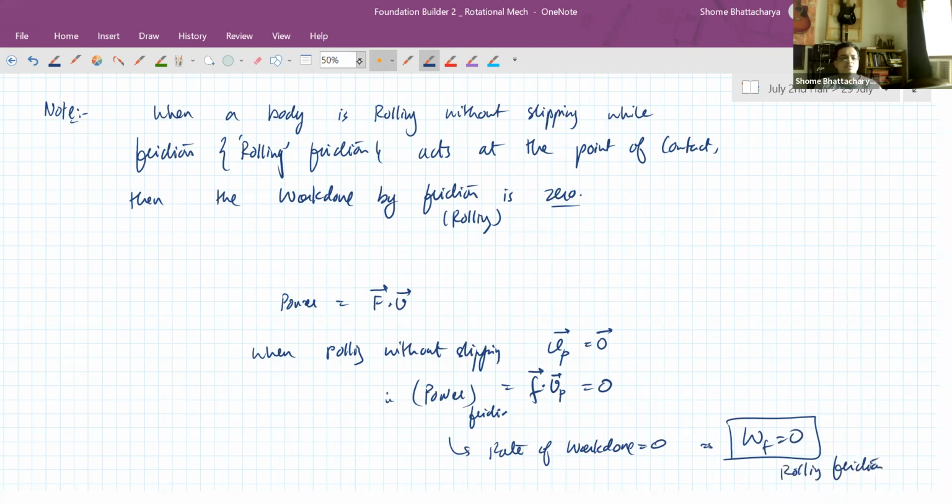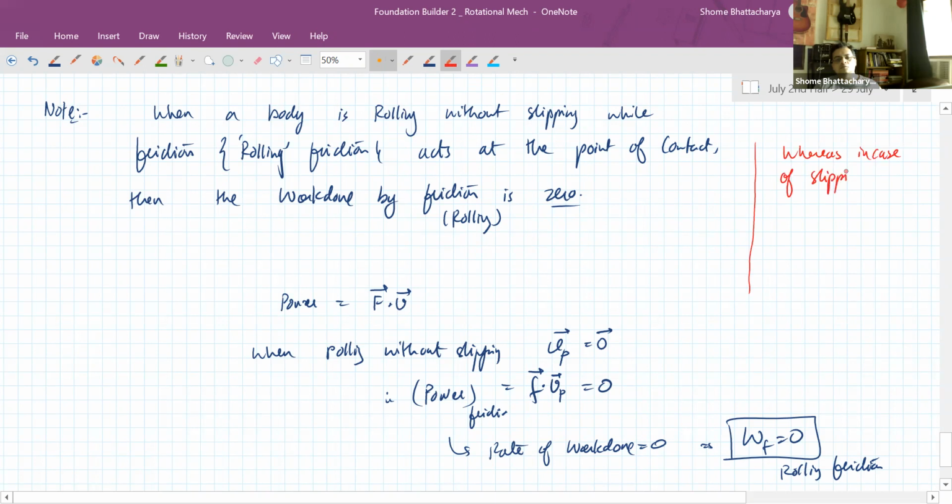Whereas on the other hand, in the case of slipping at the point of contact, the friction acting is kinetic friction, and the work done by kinetic friction is not zero, it is a negative quantity.